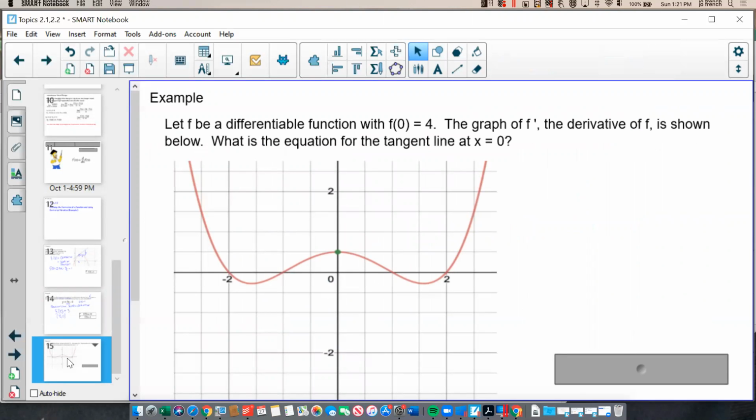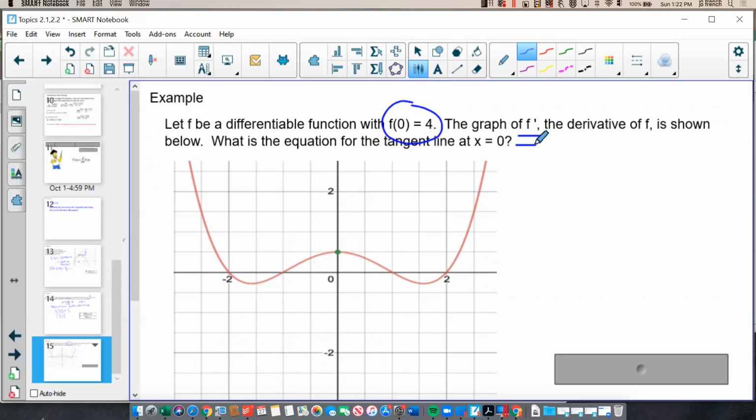Here we have a differentiable function with f of 0 equals 4. So that's some important information. The graph of f prime. So this isn't a graph of the function, it's a graph of the derivative of the function. The different values of the slope of the tangent line on whatever function they actually gave us. We want to know the equation for the tangent line at x equals 0.